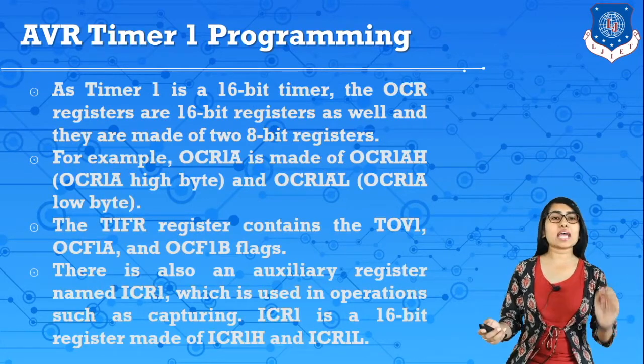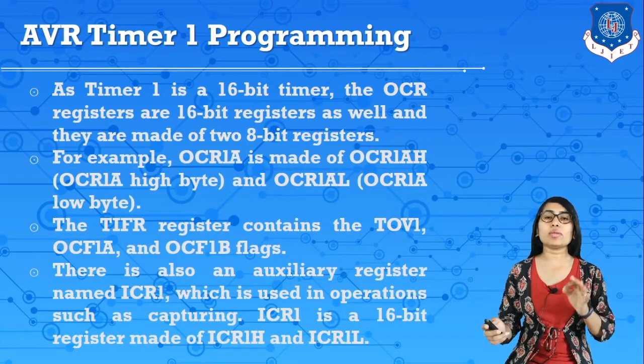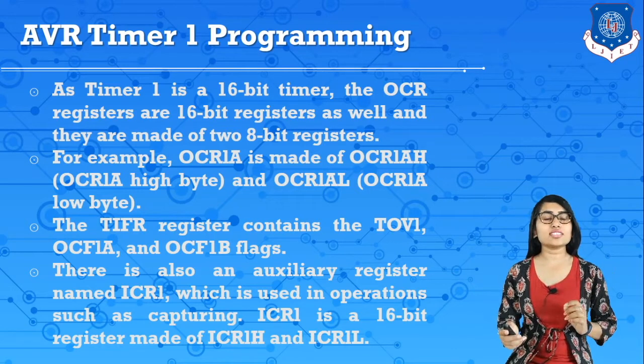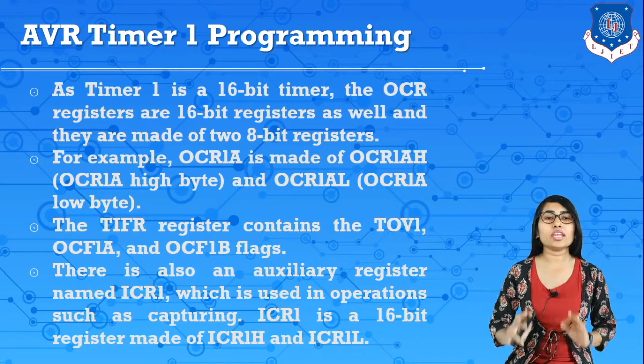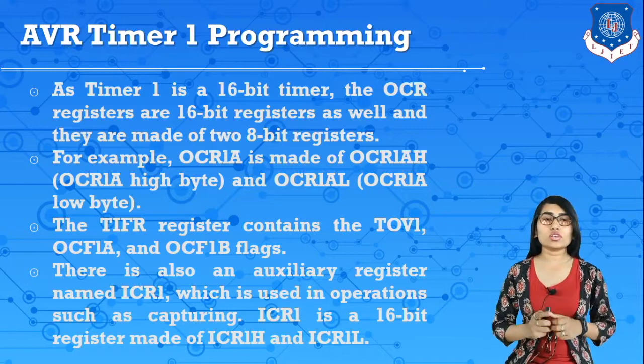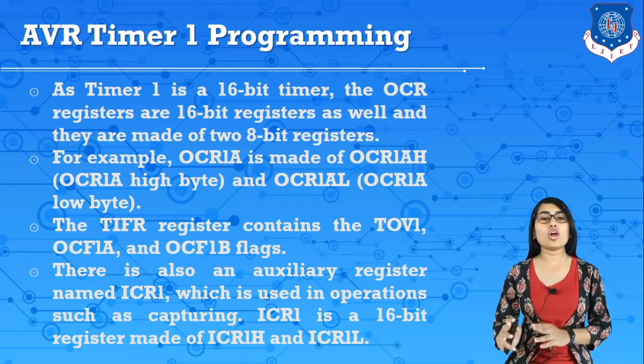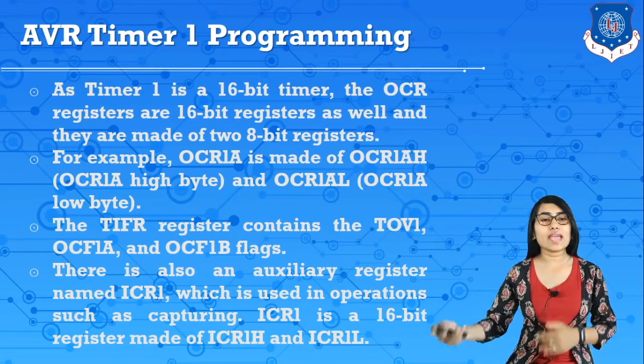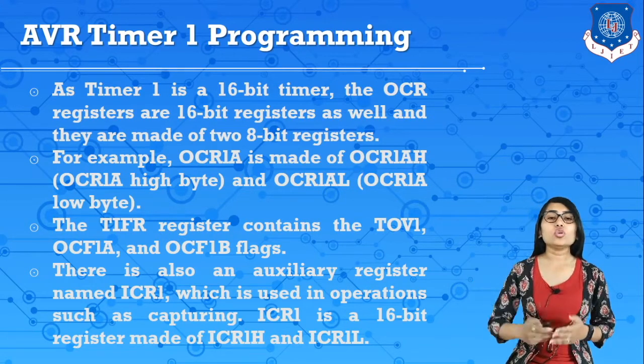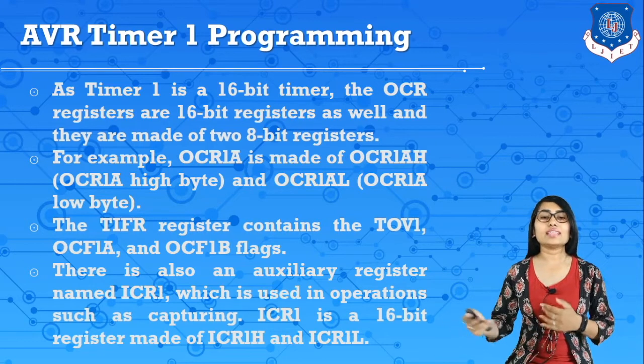As Timer 1 is a 16-bit timer, the OCR registers are 16-bit registers as well, made of two 8-bit registers. For example, OCR1A is made of OCR1AH, the high byte, and OCR1AL, that is the OCR1A low byte.